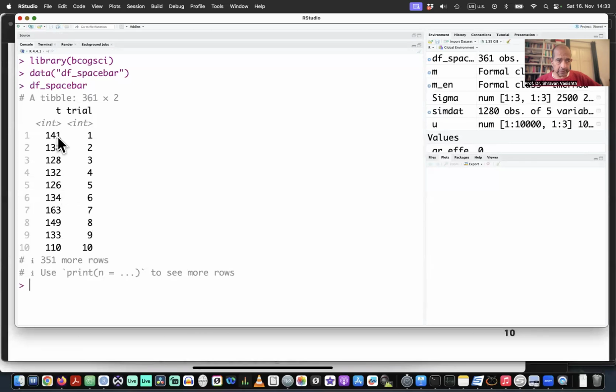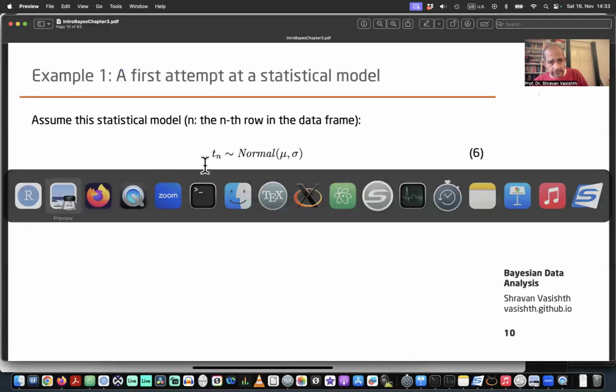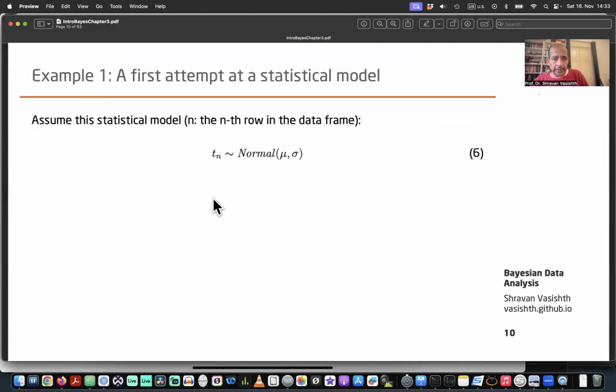And for that reason, we're going to label the rows with an index, this subscript n here. So when I say t subscript n, t is the response time or button pressing time or whatever, and the subscript n represents the nth row in the data frame.